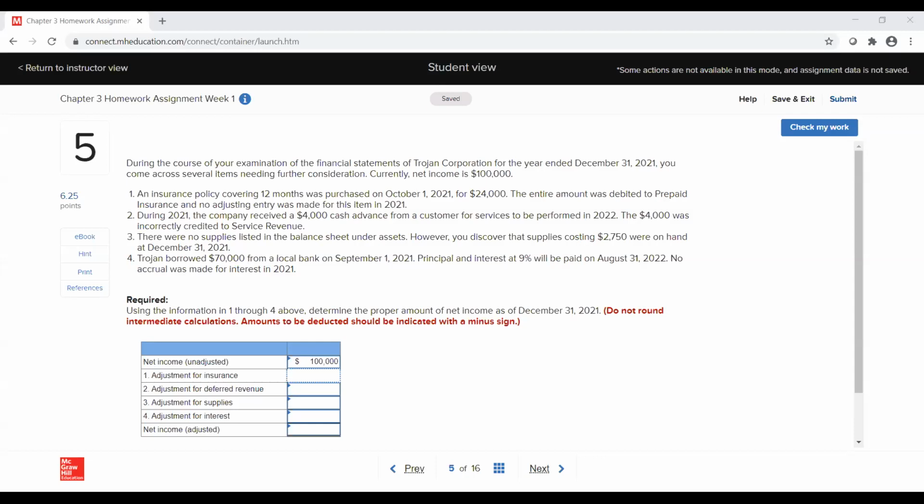So what we should do, guys, if you think about it, wouldn't we debit insurance expense of 6,000? And wouldn't we credit prepaid insurance for 6,000? Because we've utilized or used up $6,000. Doesn't that make sense to you?